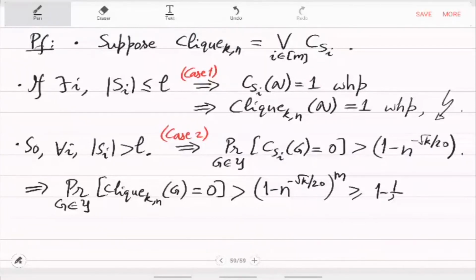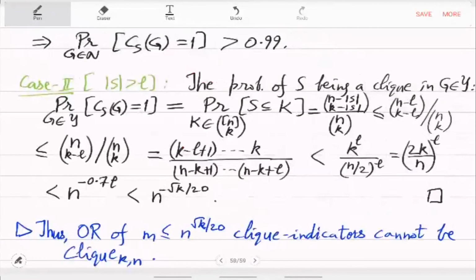So this is (1 minus 1 over r) to the r, which is more than 1 over e, where r is just n raised to root k by 20, and m was picked to be smaller than that, equal to that actually.